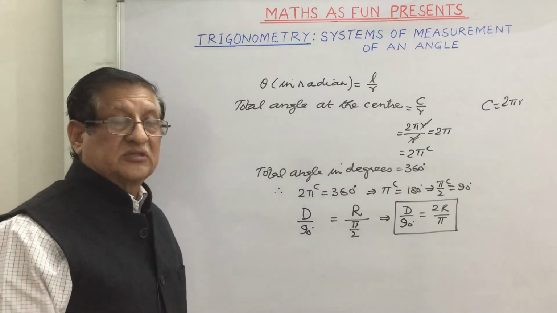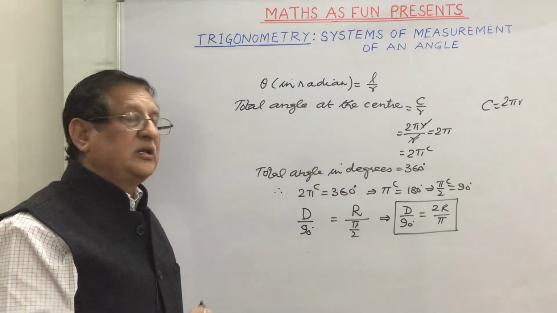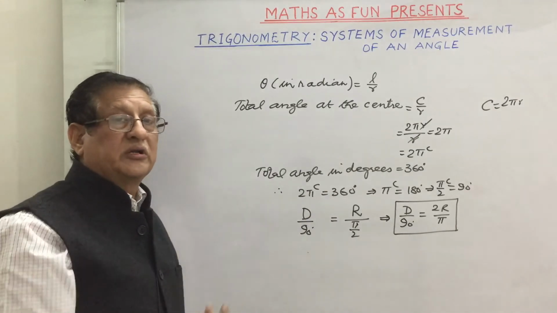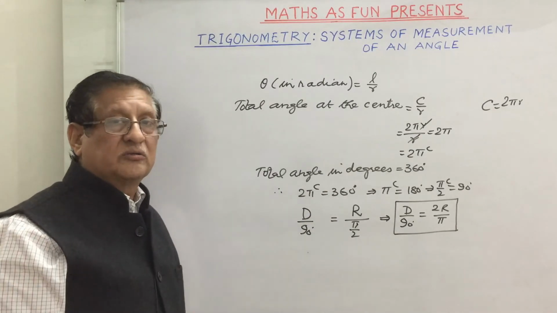We can say this is a relation between radians and degrees, or we can also use it as a formula to convert radians into degrees and degrees into radians.